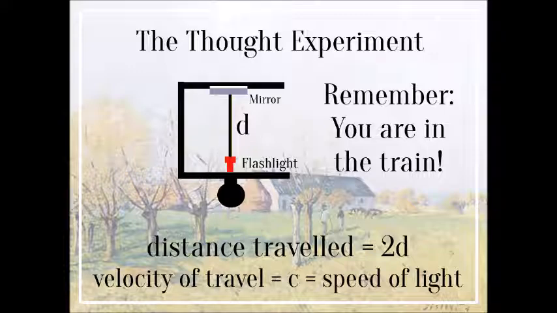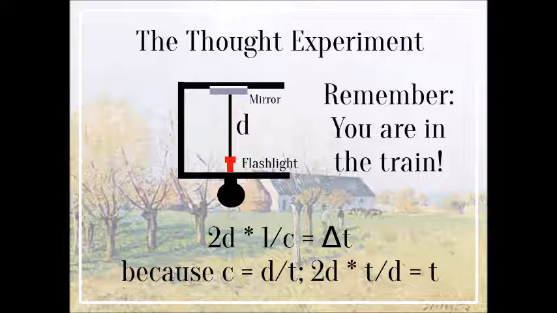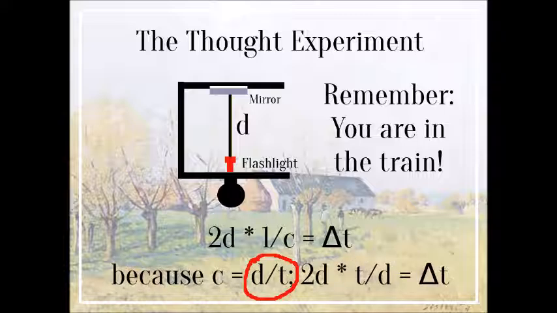And with a tad bit of dimensional analysis, we can multiply 2d by 1 divided by c, and that will give us the time it took for the photon to travel its path. Or in other words, because c is defined as a particular distance over a particular time, we can flip that d and that t so that t is the numerator and d is the denominator.